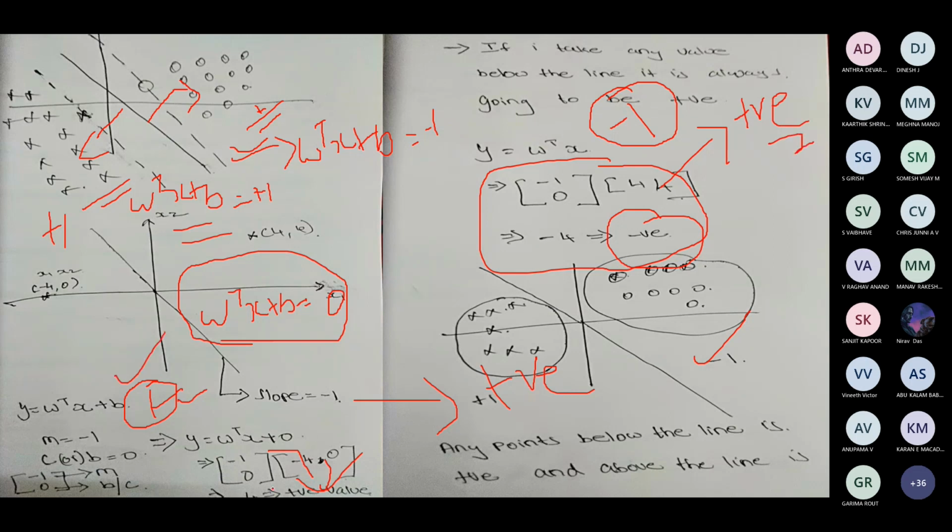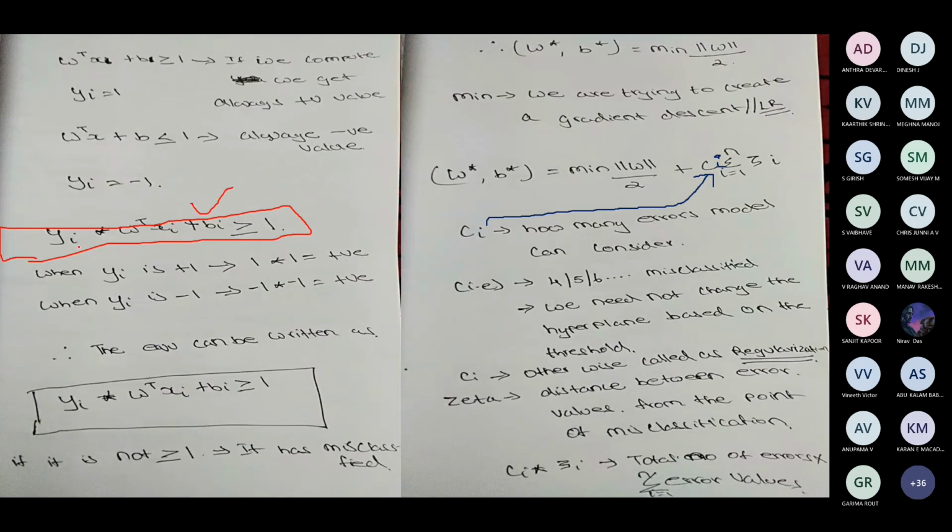If yi is 1, then 1 into the positive value will always give me a positive value. If yi is -1, then -1 into any negative value will always give me a positive value. So I am writing the equation: yi into (wT xi plus b) is always greater than or equal to 1.